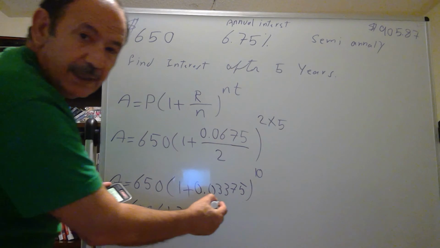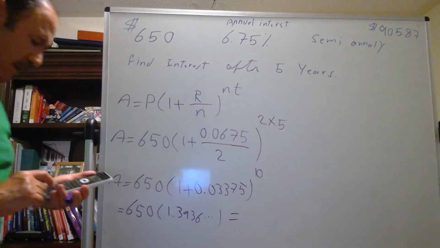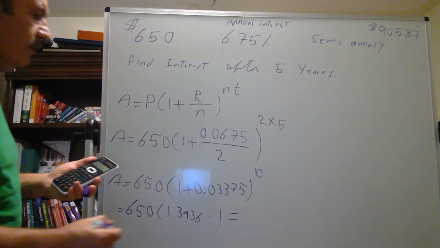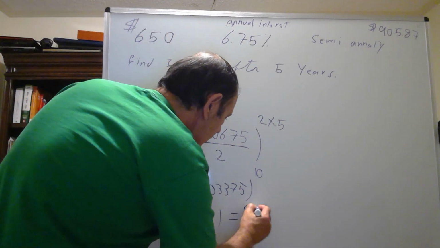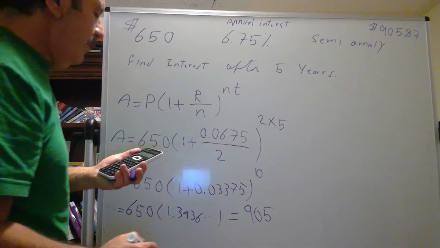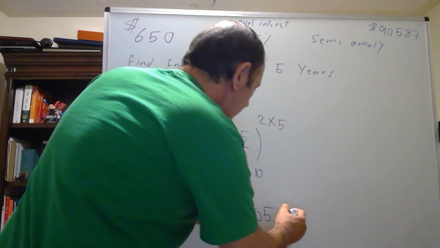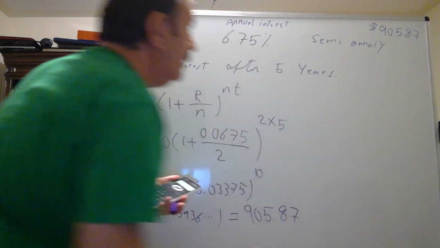And if I multiply by 650, it's going to be 905.875. If I round it, it's going to be 905.87.